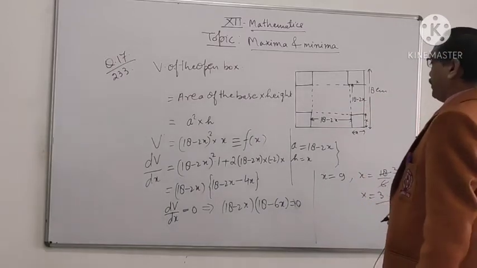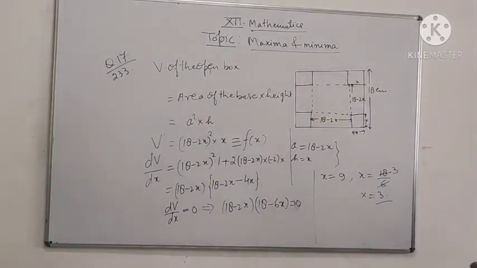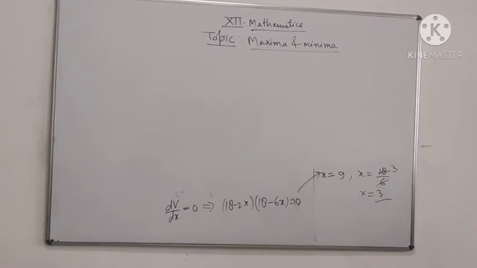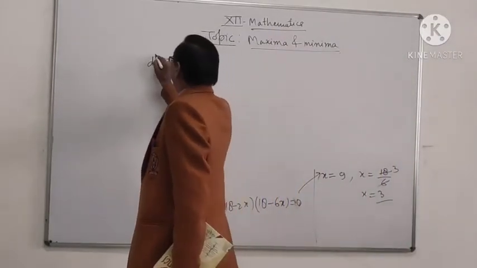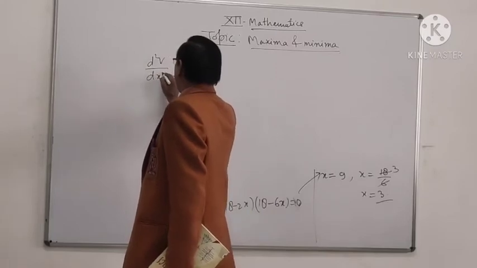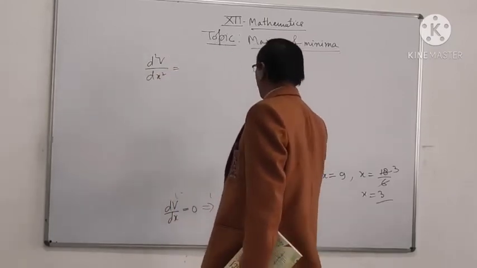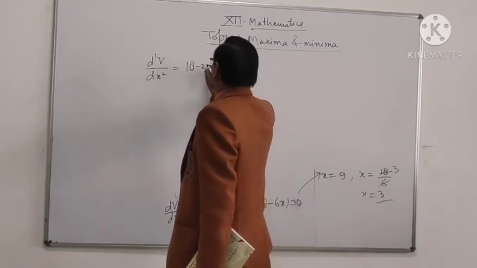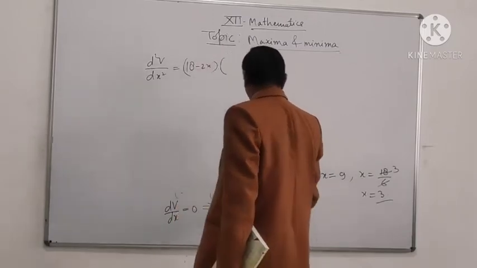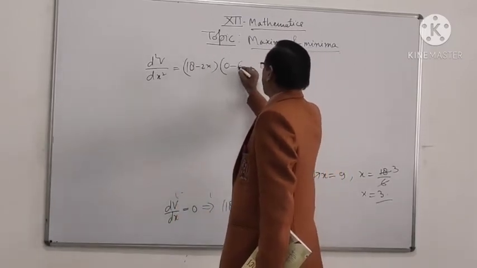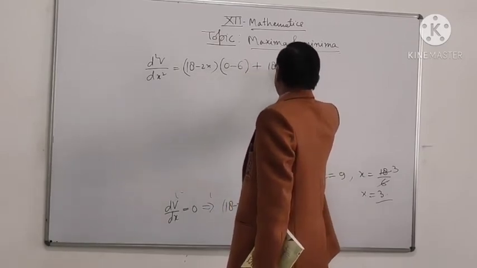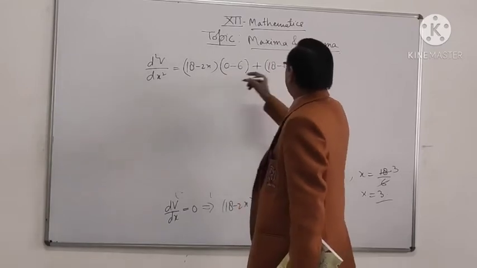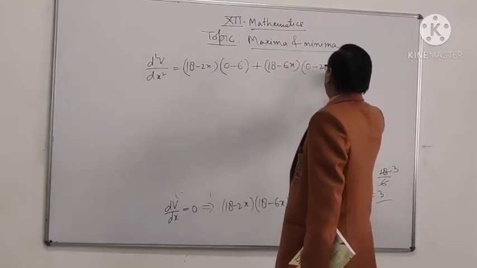Now, we will find the second order derivative. Student, now we will find second order derivative, d2V over dx square. So again apply the product rule. Here 18 minus 2x as it is, derivative of this bracket, it is 0 minus 6, plus 18 minus 6x, and derivative of this part is 0 minus 2.